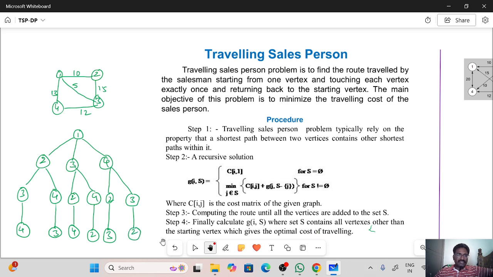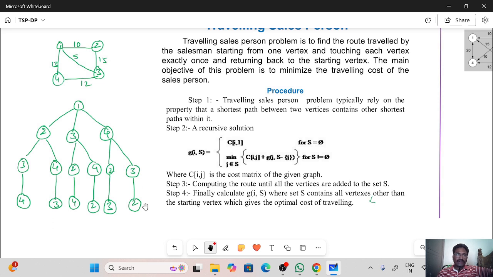And from this last vertex, according to our problem statement, we must reach our source. What is our source? 1. So for this we are going to find the solution whose cost is a minimum; that is the traveling salesperson problem, the traveling salesman completing his journey with that minimum cost.